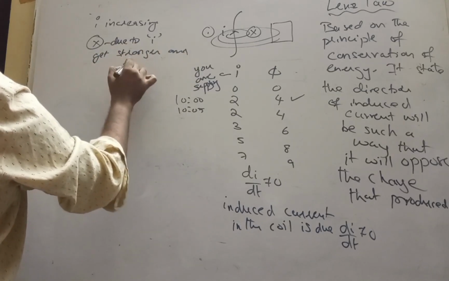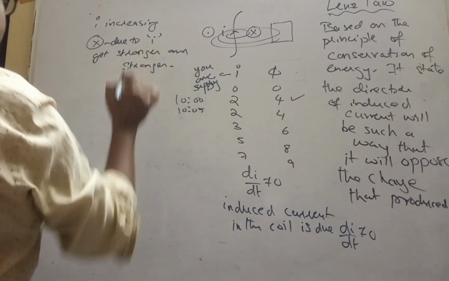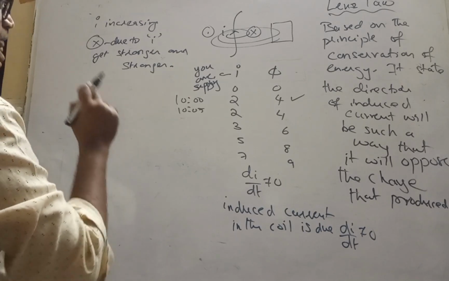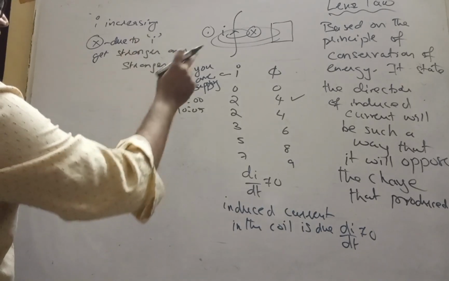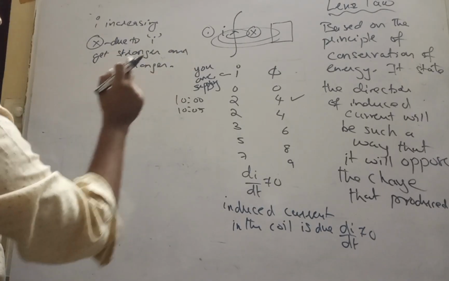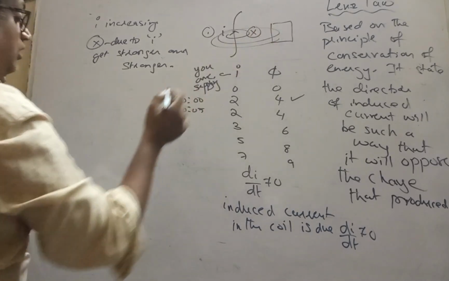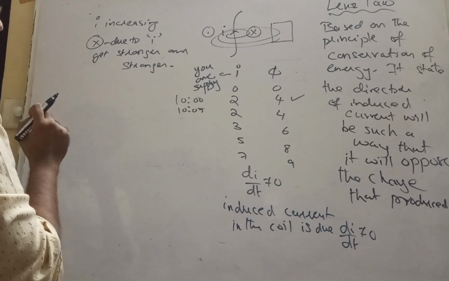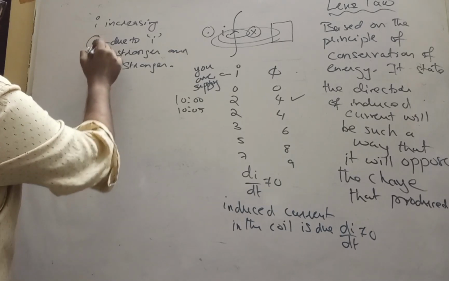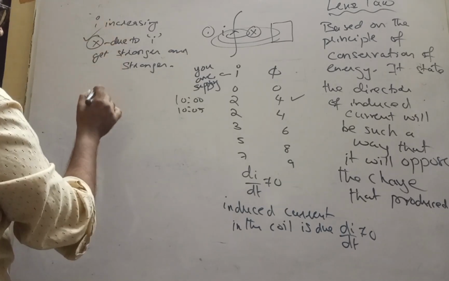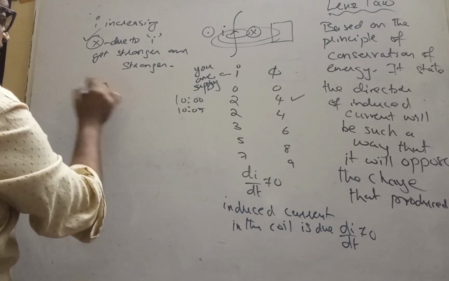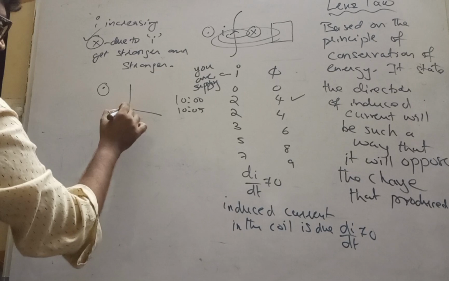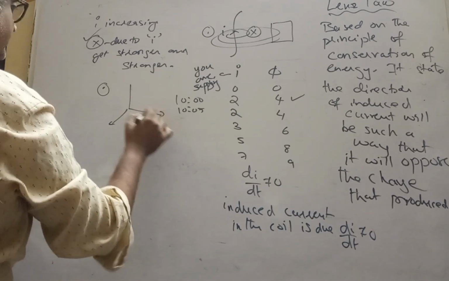So we have to pass current in this new coil in such a way that it will oppose this change. If you try to understand in 3D, this is x, y, z.